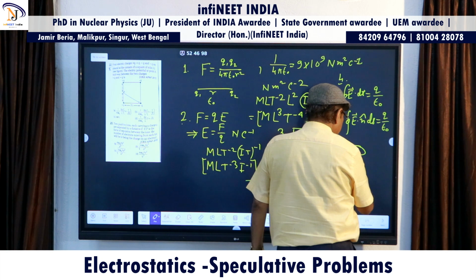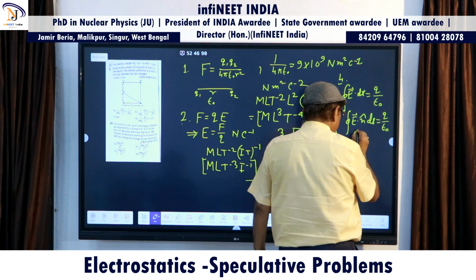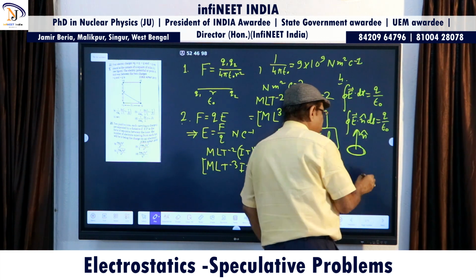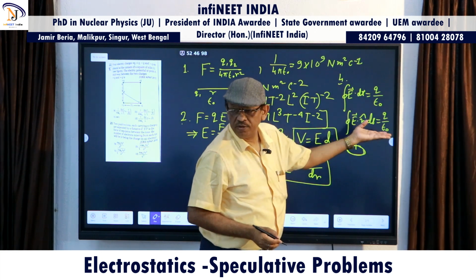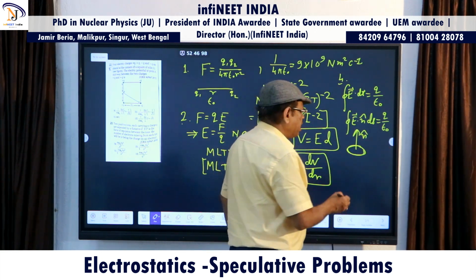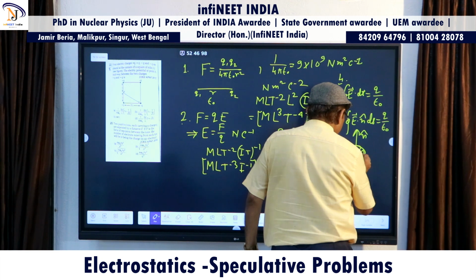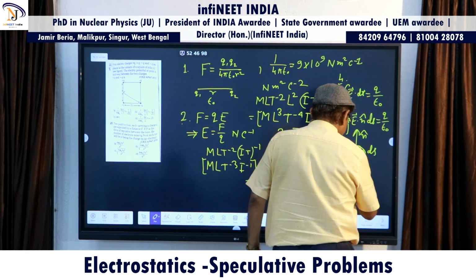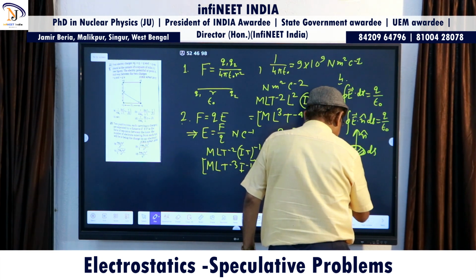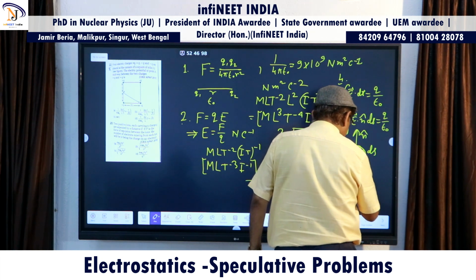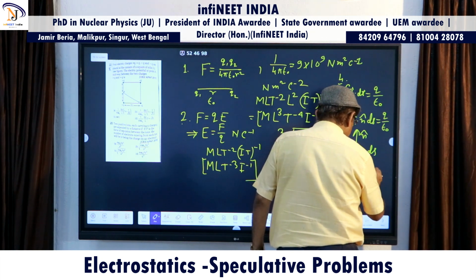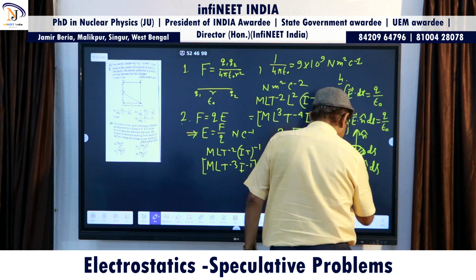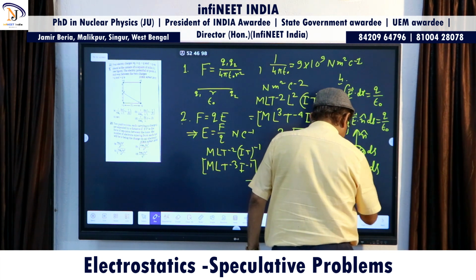Suppose this is the area and this is perpendicular, the direction of area. So you may write ds, a vector quantity, equals n into ds. What is n? n is a unit vector.